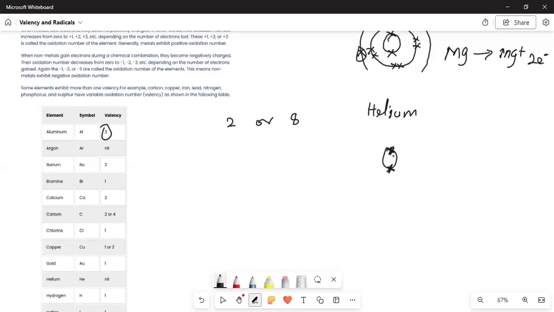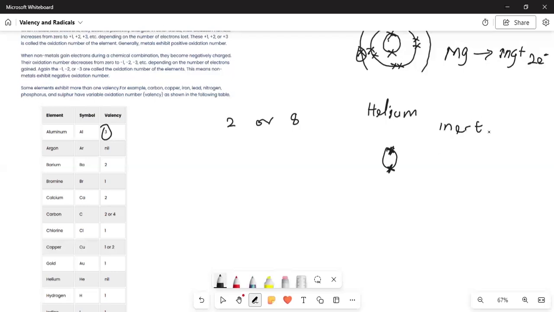Now, atoms give out or receive electrons if they are unstable, and what makes them unstable is the outer shell. If the outer shell is not filled, that element will be unstable. For helium, it is completely filled because this one shell can accommodate a maximum of 2 electrons, and it already has the 2 electrons. As such, helium is inert, that is unreactive. That's the meaning of inert.